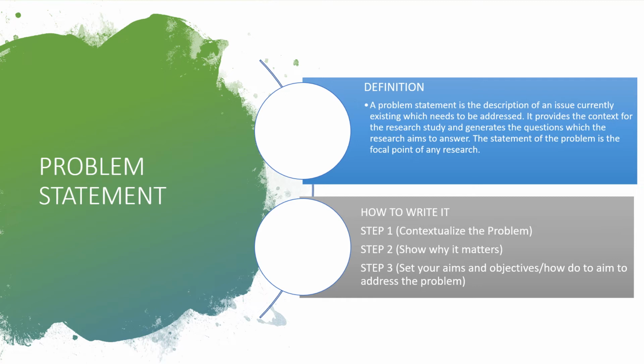Then in step 3, you set out your aims and objectives. How do you aim to address the problem? Maybe you want to determine its impact on Pakistan's economy. Moreover, maybe you are devising solutions to this. How can we end poverty?